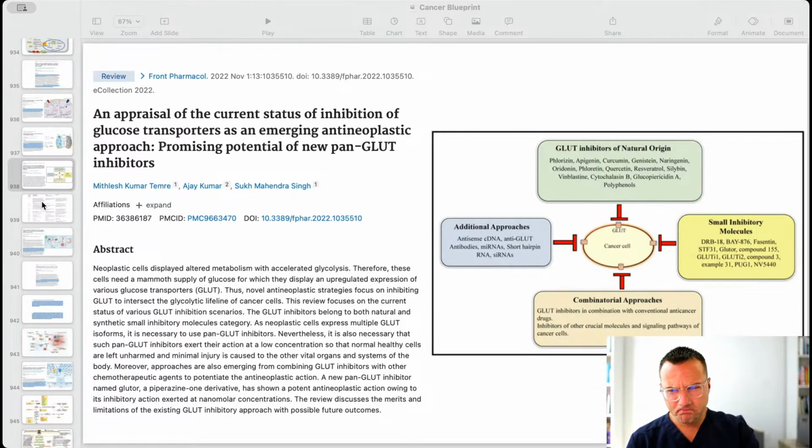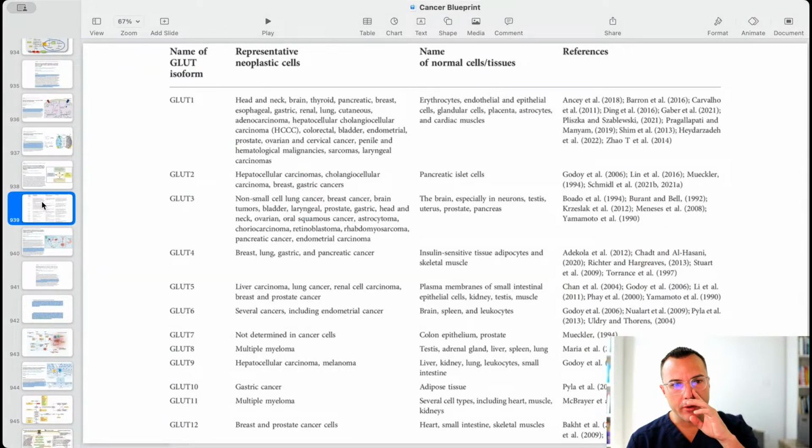So in this paper, they have a pretty amazing graphic. And I think this graphic could be really helpful for us because now, unlike in 2012, 10 years before this paper was published, they didn't have the specific cancers that use certain glucose transporters down.